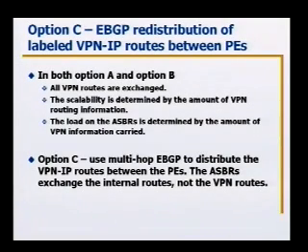So the problem with both option A and option B is that all the VPN routes are exchanged. So the scalability of the solution depends on the number of VPN routes that we have in a site.